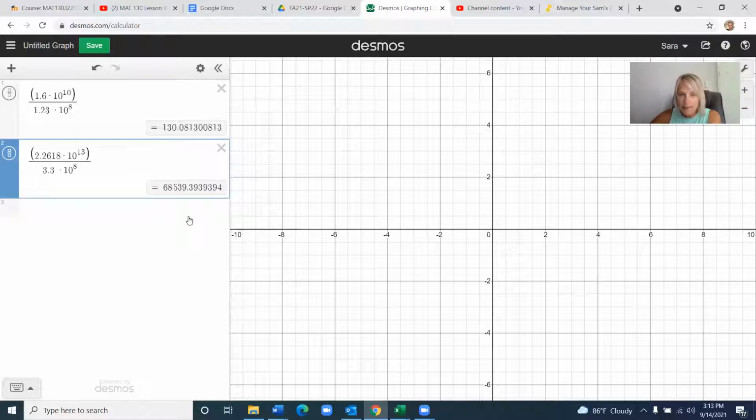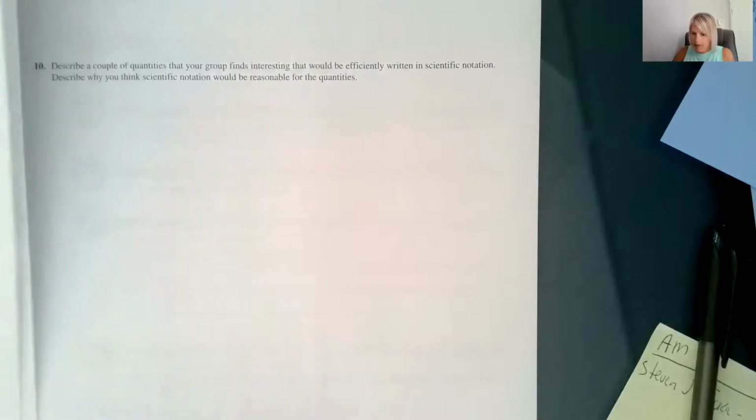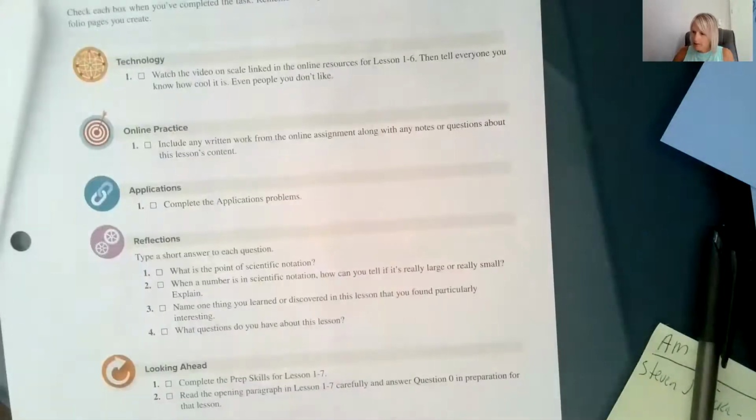But that is crazy. We're each going to owe $68,000. That was 2019. Remember, now we owe 100 and some thousand. $68,539.39. Crazy. That is crazy.